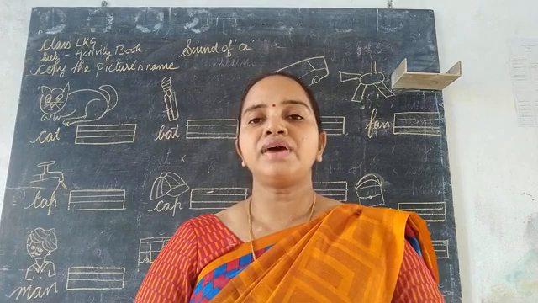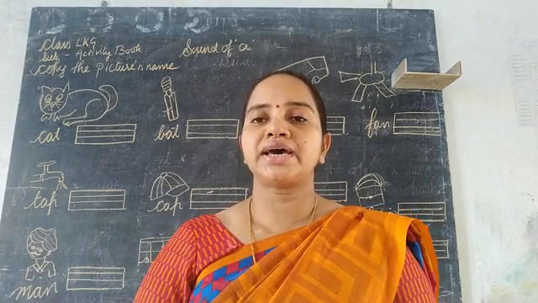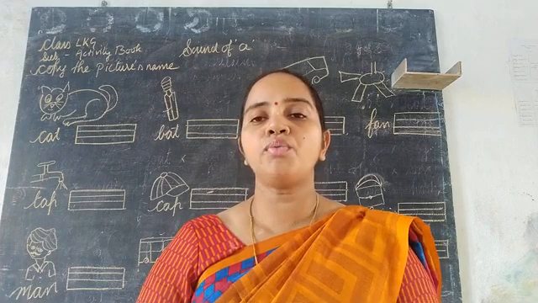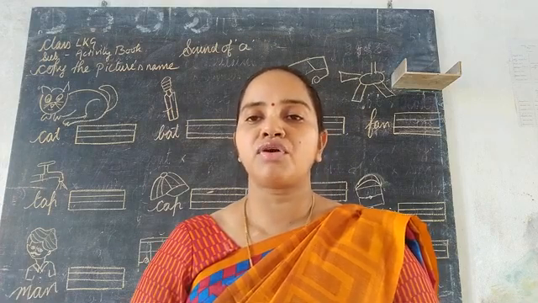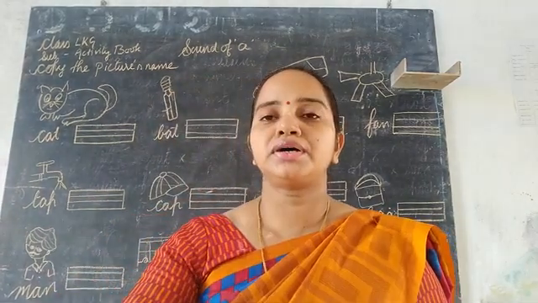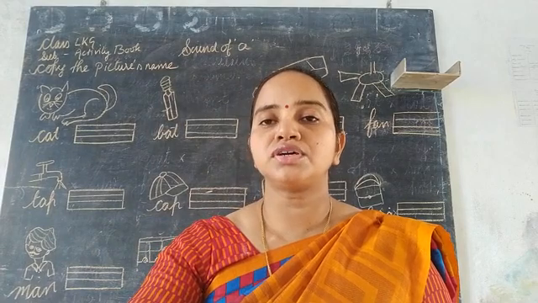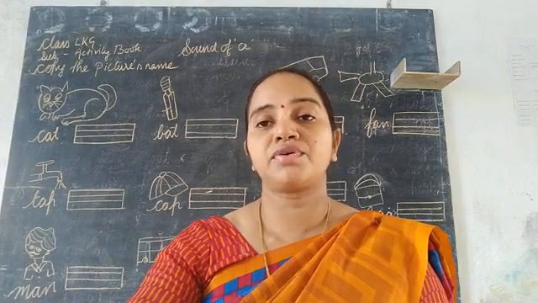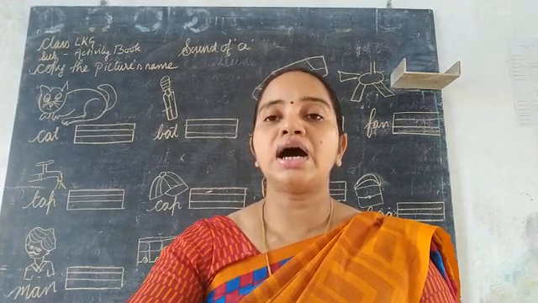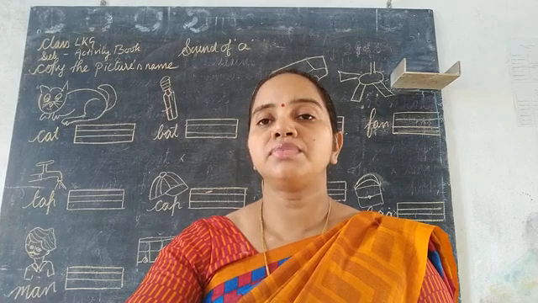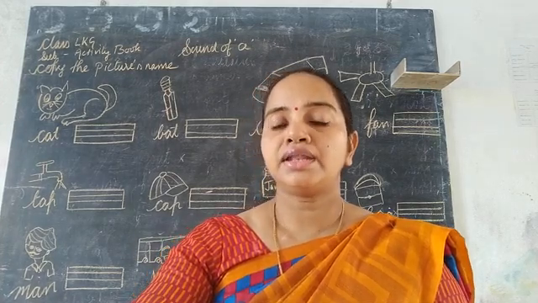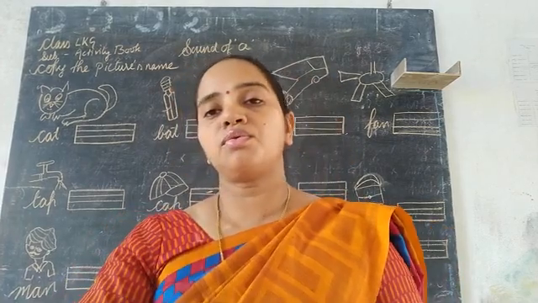So now what we have to do is differentiate how we are going to put A and AN before the vowels and the consonants. For example, before all the vowels you are supposed to use what? AN. Like an apple, an eye, an ice cream, an onion, an umbrella, and an unicorn.